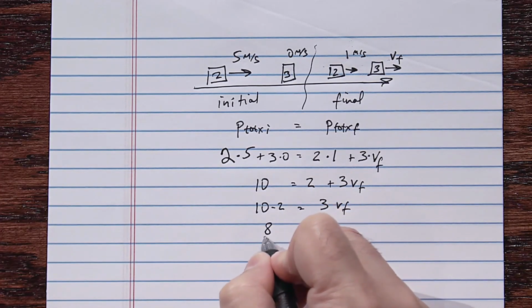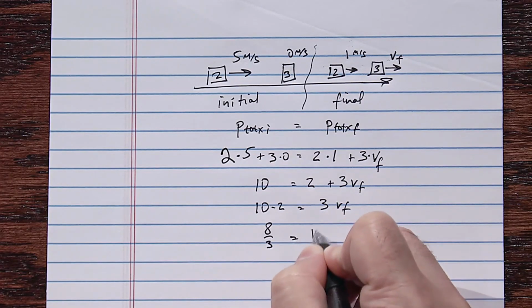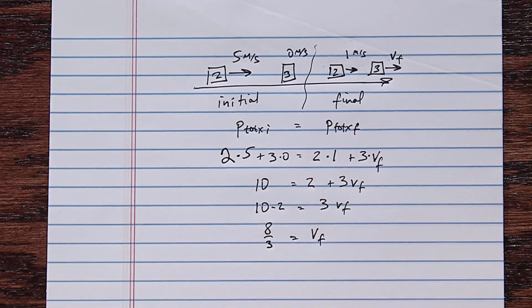So that tells us that 8 over 3 is equal to V final.